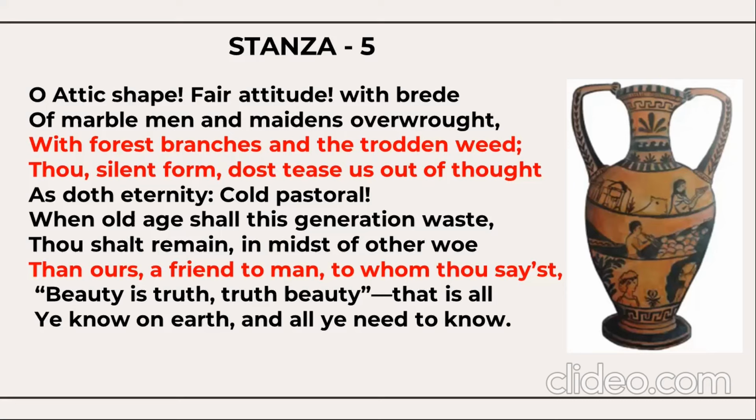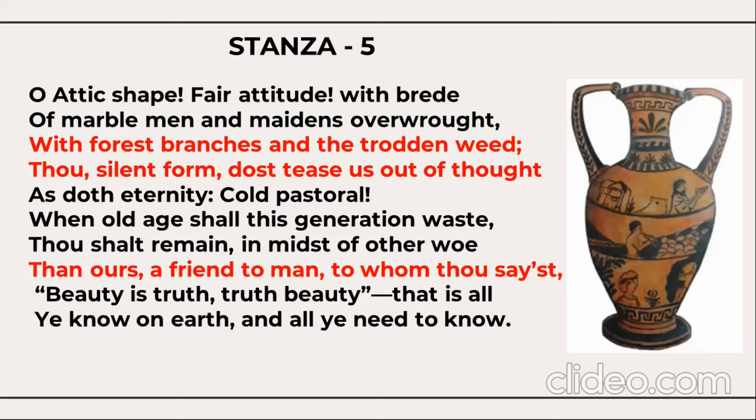The urn is a genuine specimen of Greek art, sculpturing a number of men and maidens, branches, and weeds. It seduces us from the ordinary life of thought into the extraordinary life of the imagination.